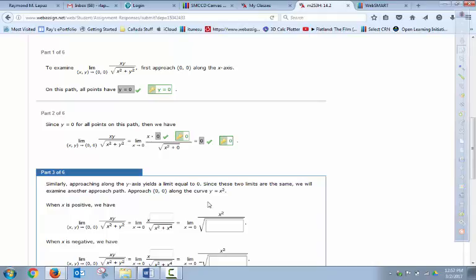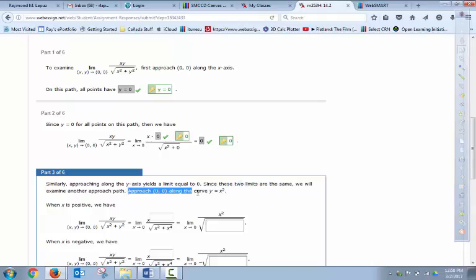Now, unfortunately, for 3 dimensions, there's a path along the x and a path along the y, and they're the same, but there's another path that might yield a different answer. And so here's where they start examining this other path. Since these two limits are the same, we'll examine another approach.